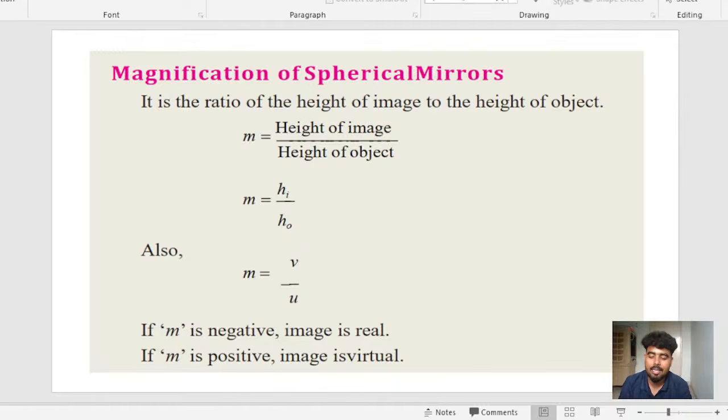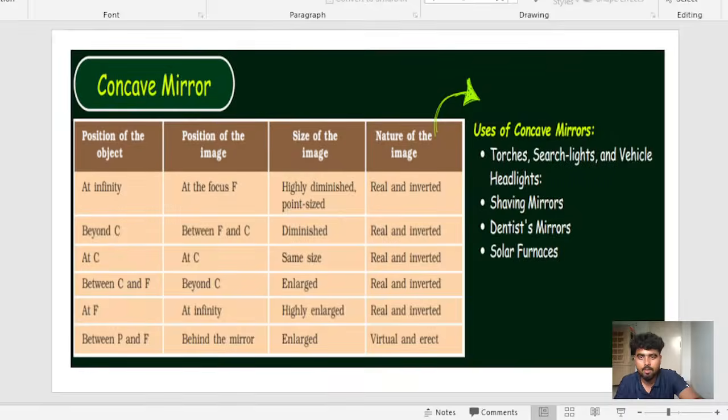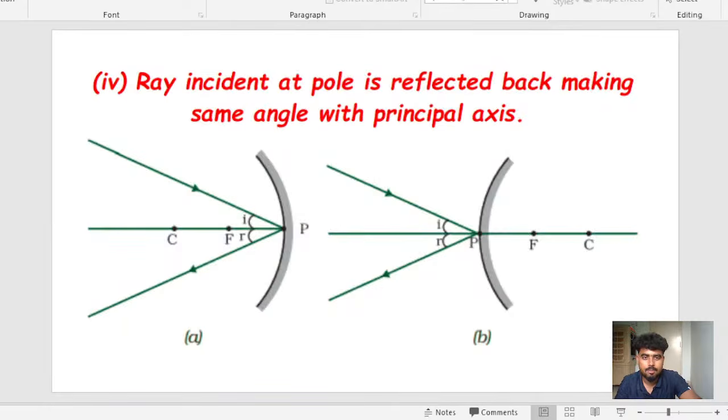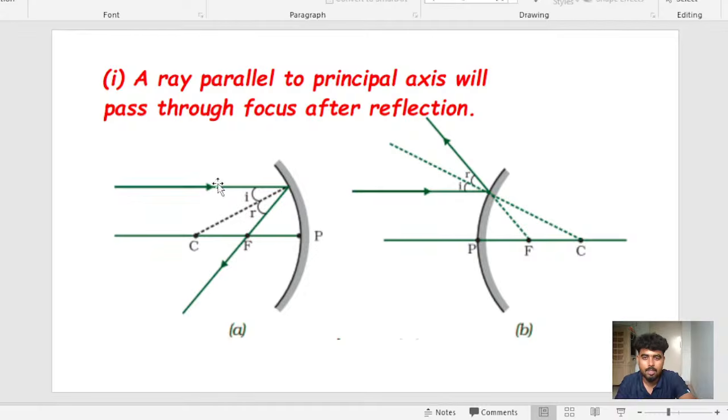Okay, good question. Light which is incident on the mirror is positive or negative? A good question. So we'll go for the ray diagrams. You'll get the answer. Now tell me, the object is kept here, right?